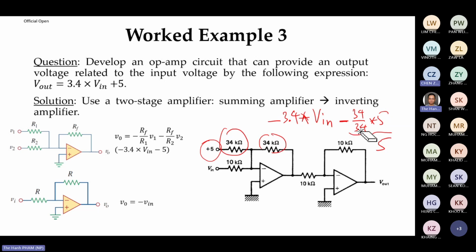Then I have this one. So basically I have minus 3.4 Vin minus 5. Now how to get rid of the minus? I need to multiply with minus 1, right? So the way I do it is I use this inverting amplifier.